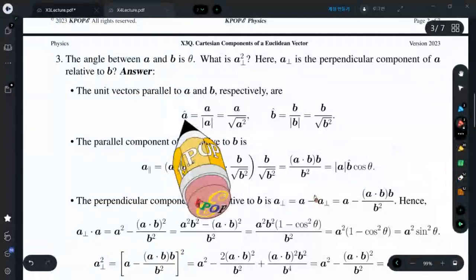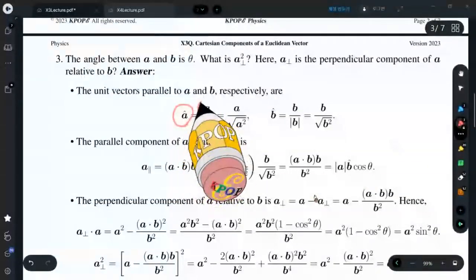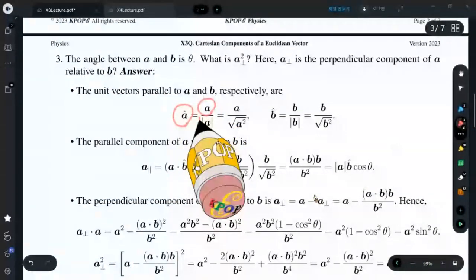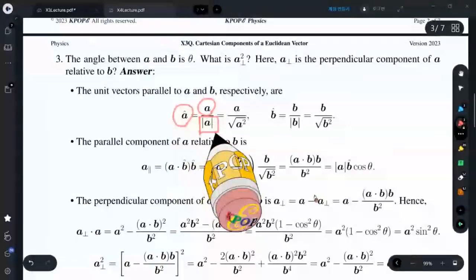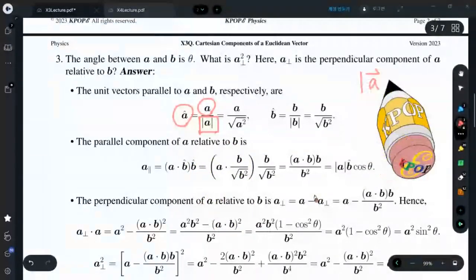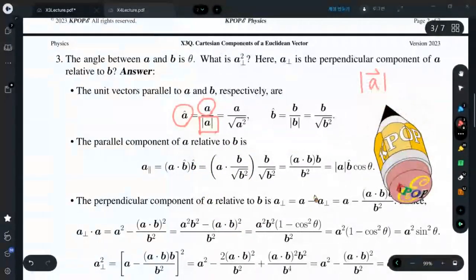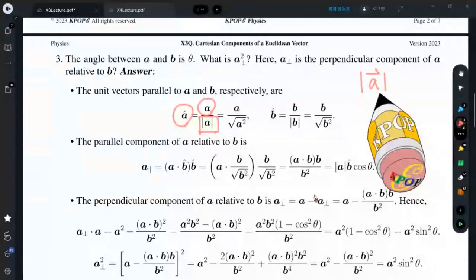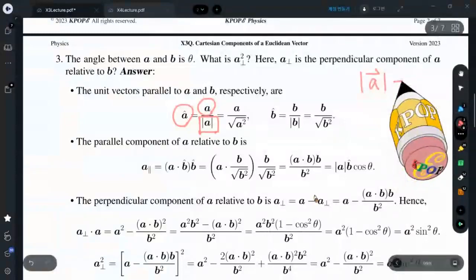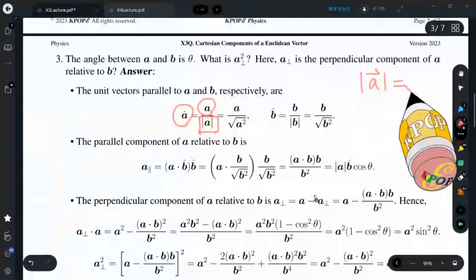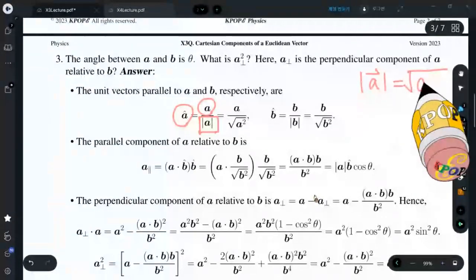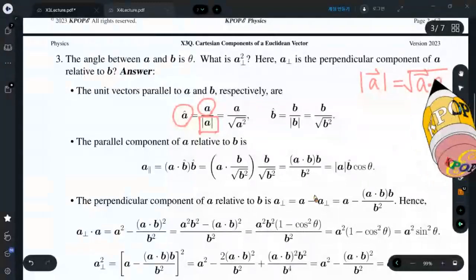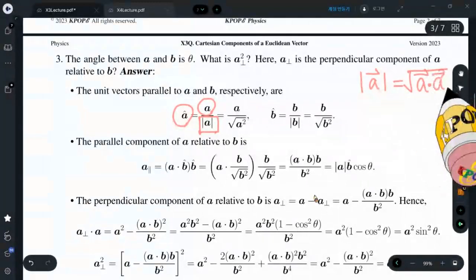Okay, so a hat is a vector divided by its own magnitude. Magnitude is denoted by the absolute value. And what is the absolute value? The absolute value is the length, and that is nothing but the vector's scalar product with itself.